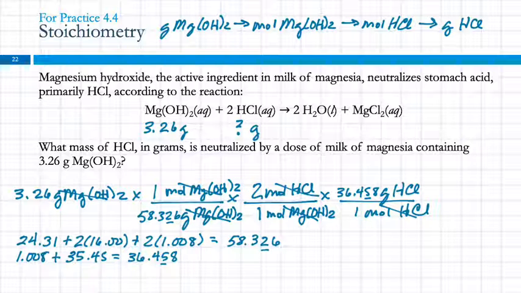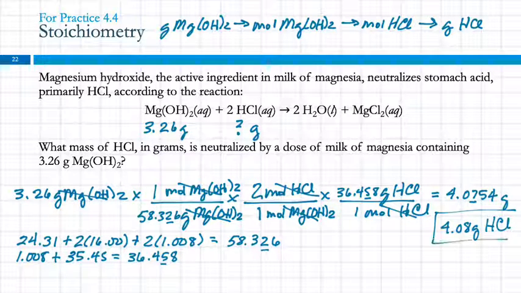And thinking about significant figures, I'm starting with 3, and everything in the middle has 4 or more. So this is going to be 4.0754 grams, which is going to be 4.08 grams of HCl. Any questions?